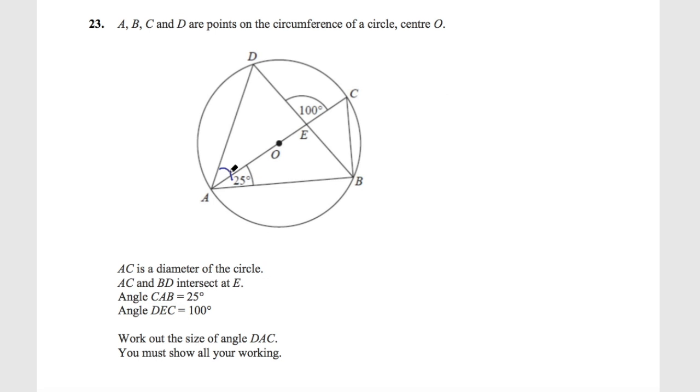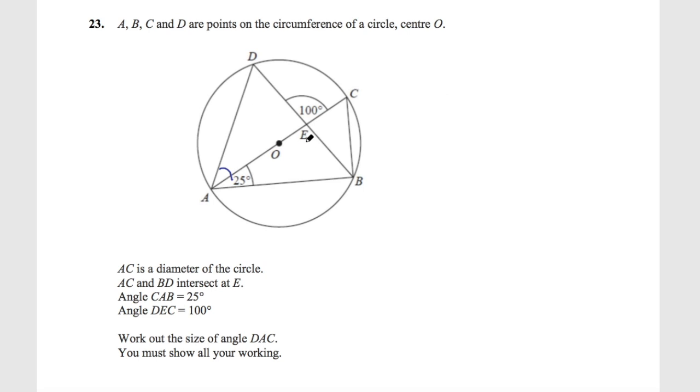We need to work out this angle in here, and what you're going to need for this is one of the circle theorems, and we'll get to that in a minute. But where should you start with a question like this? Well, maybe even when you start working on this question, you might not see how you get to the answer, but you can already work out some other angles in this diagram just based on the information they give you.